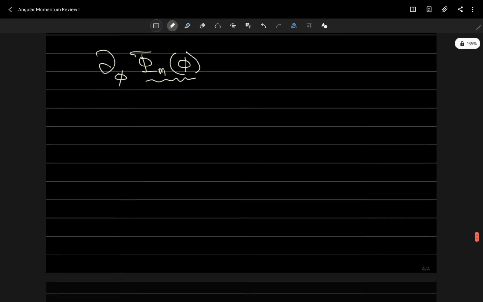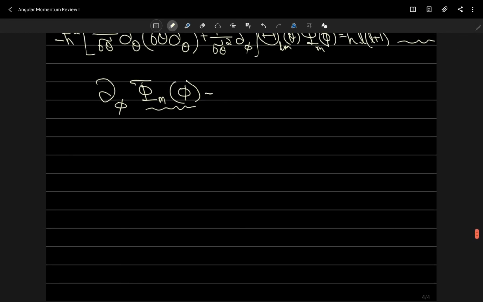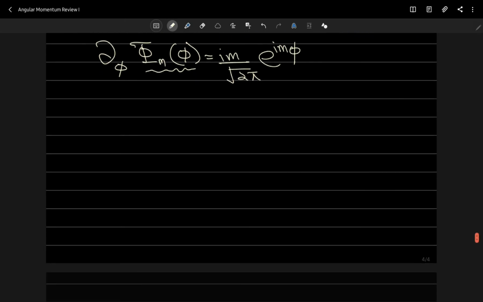That's simply i m over root 2 pi times e to the power i m phi. If you take the double derivative with respect to phi of this, you would simply get negative m squared and the function as it was.